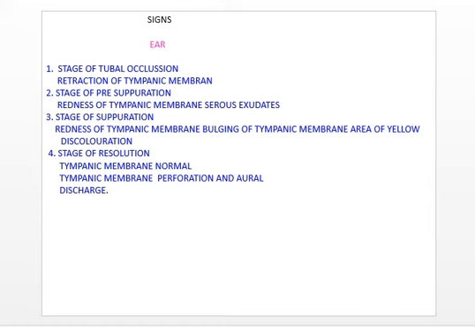When the infection occurs, clinically, how does it look? There is first a stage of tubal occlusion. The first stage is the stage of tubal occlusion.